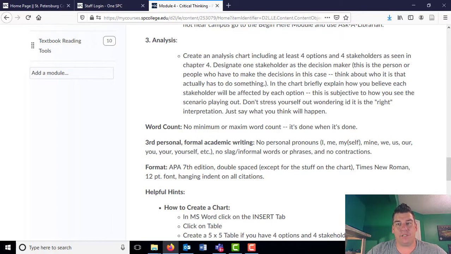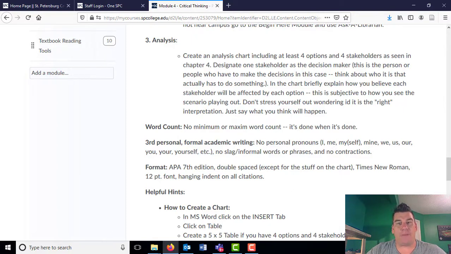You're going to designate 1 stakeholder as the decision maker. This is the person who has to decide something in the case. So in my example, Bob would be the decision maker because he was the one who was presented with information about his wife, about his marriage, and now he's the one who has to decide to do something.